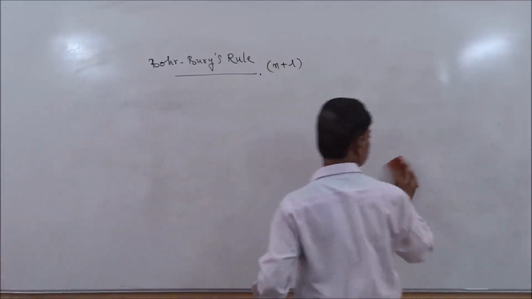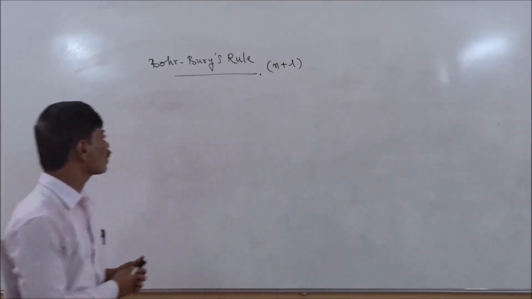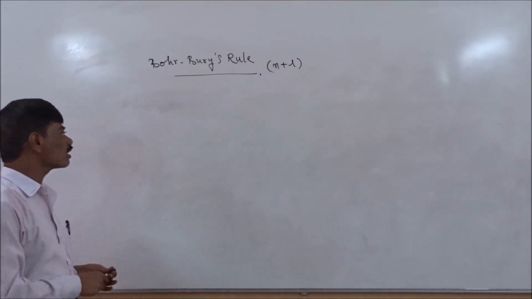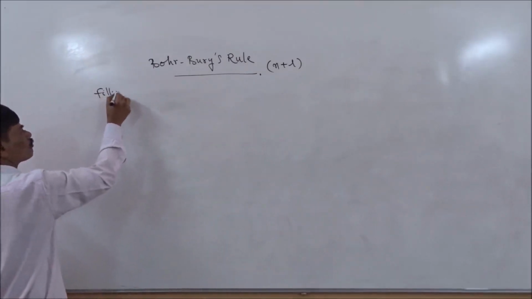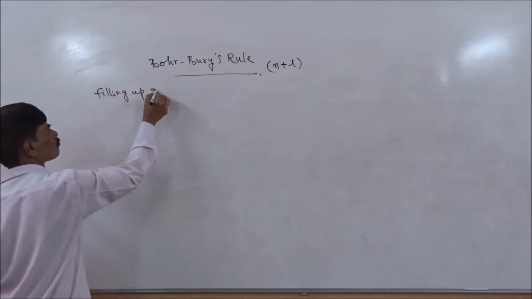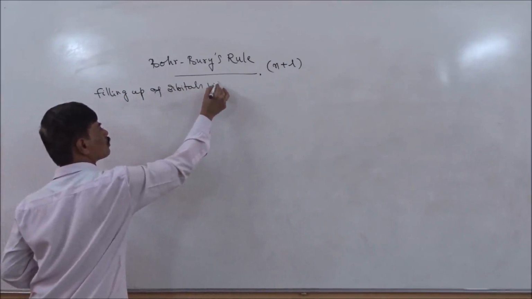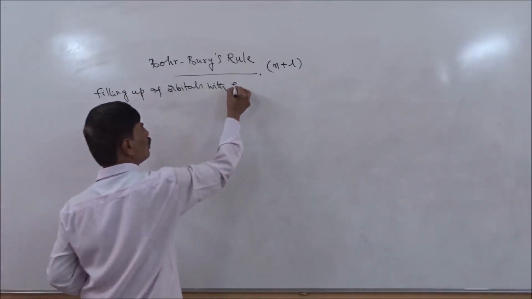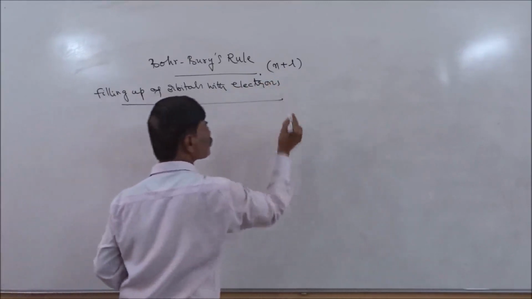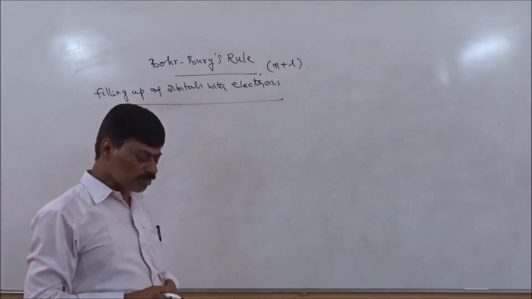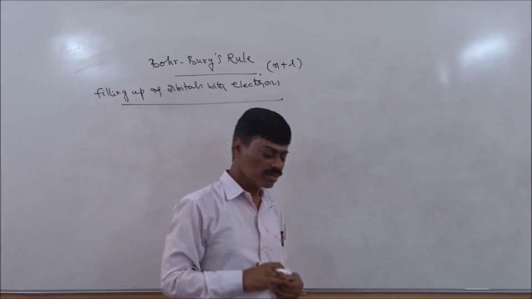Now we will move to an important topic which is there in class 12 also, that is the filling up of orbitals with electrons. Always, electrons will enter into those orbitals which are associated with a small amount of energy first.